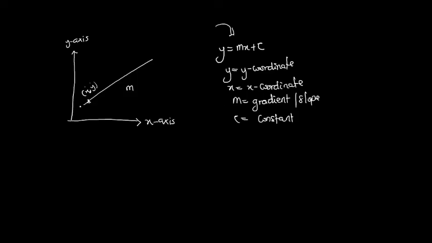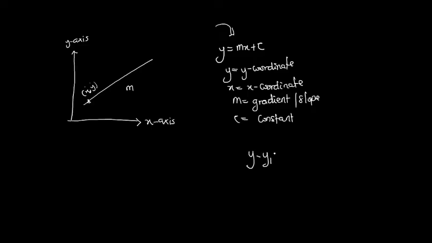So in the first case, if you are using this formula, you only substitute the values of x and y into this equation to find the constant, and then you substitute it back to find the equation of the straight line.